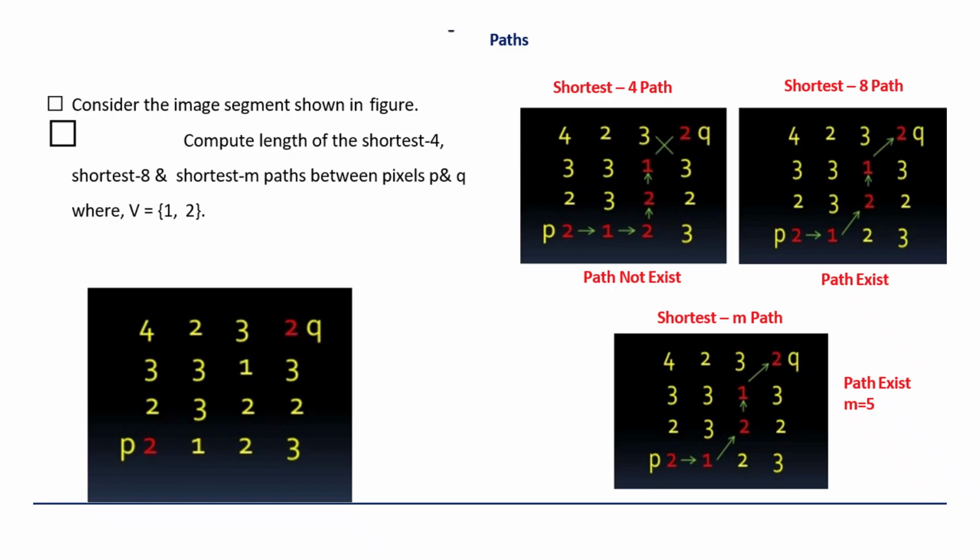In the 4-path, we cannot move diagonally, but with the 8-path we can move in any direction, diagonally or horizontally, to the next pixel. So the path exists. This is how we find the closest path, through pixels with values in V.